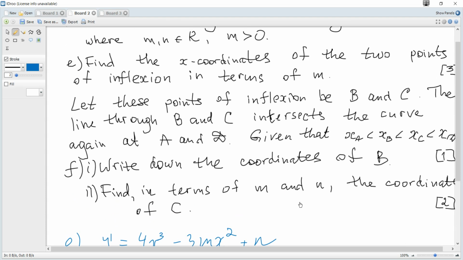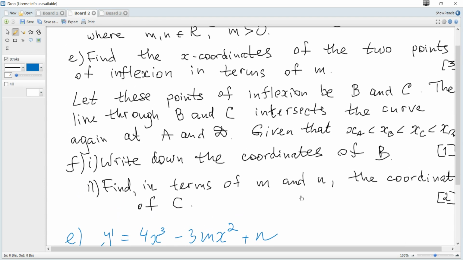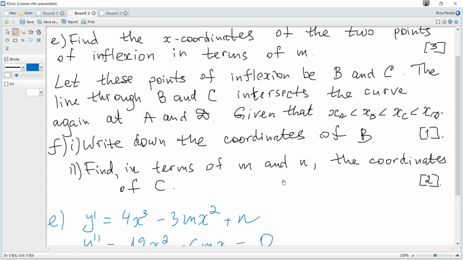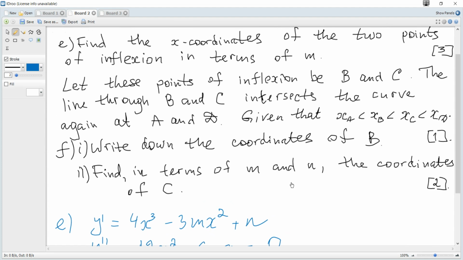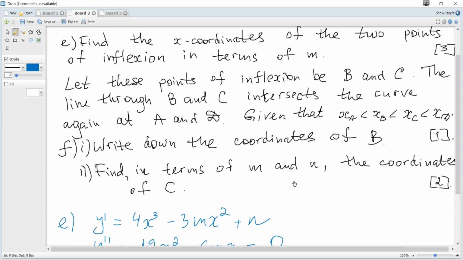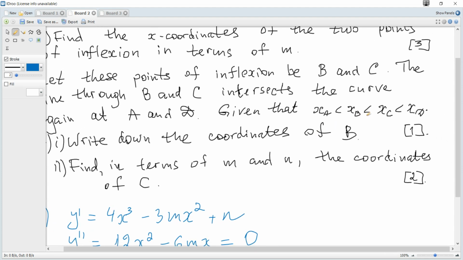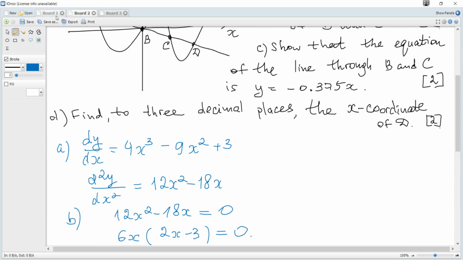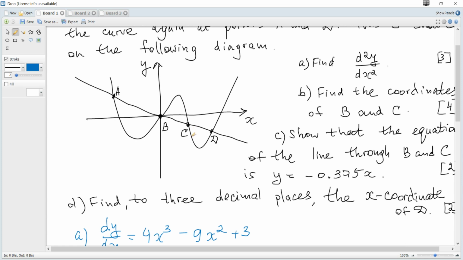Next, let these points of inflection be B and C. The line through B and C intersects the curve again at A and D, given xA is less than xB, less than xC, less than xD, so that it's absolutely similar to this graph.